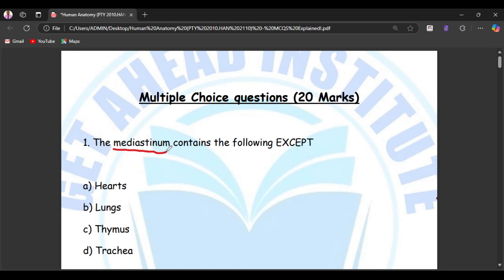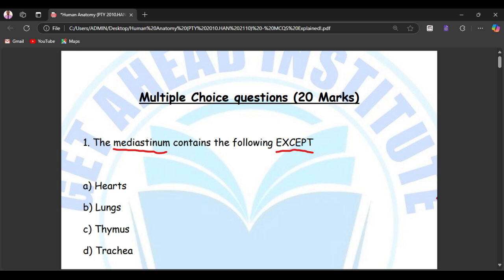The mediastinum contains the following except. In other words, all the options which have been listed here are found in the mediastinum, but among these options, one is not part of the mediastinum.